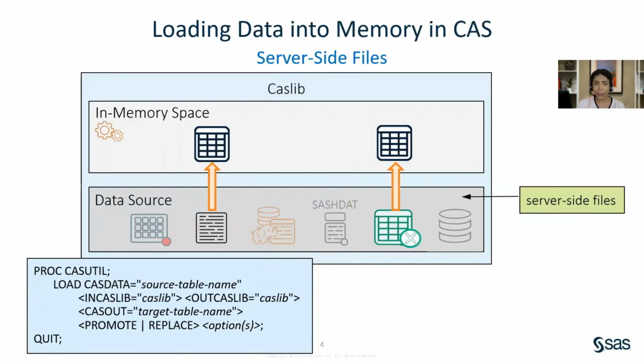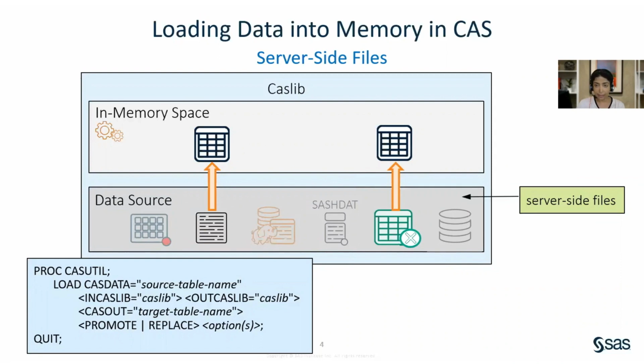And lastly, we'll learn to load data into memory in CAS with server-side files. So we've already started a CAS session, we've accessed a CAS library. Now we wish to update or analyze data. CAS can only process data in its in-memory space, so the next step is to load data into memory.